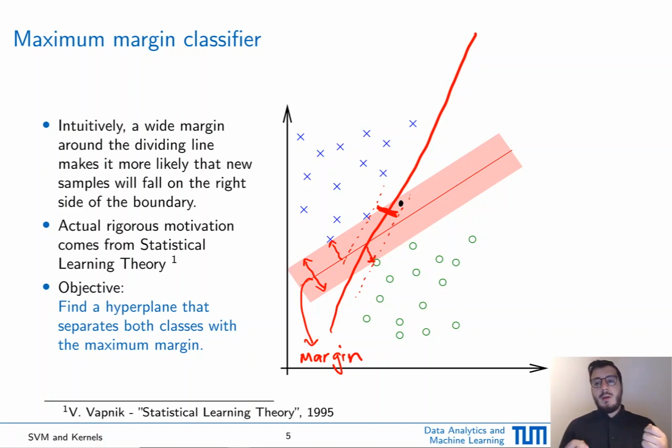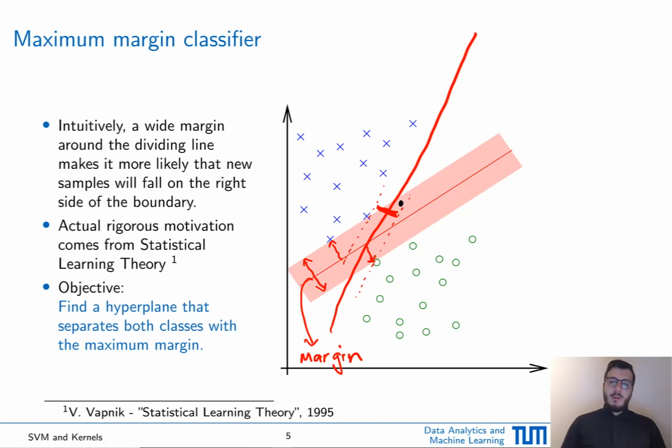And the connection between the margin and the generalization error is made via something called the VC dimension of the classifier, which measures the complexity of the classifier. But these are really not that important details. The whole point is that the intuition that hyperplanes with large margin, if we have a large gap between the classes, lead to better performance, can be made theoretically and mathematically rigorous.